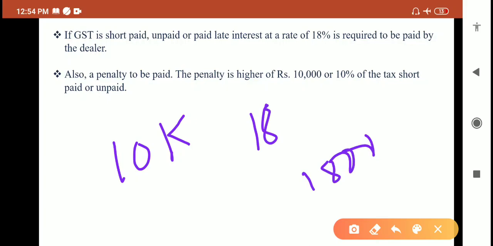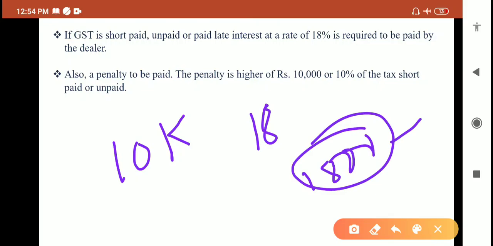But here the second point says the penalty is the higher of rupees 10,000 or 10% of the tax short paid or unpaid. See, between 10,000 or 1,800, whichever is lesser is applicable. So here 1,800 is the lesser amount, so 1,800 is to be paid.